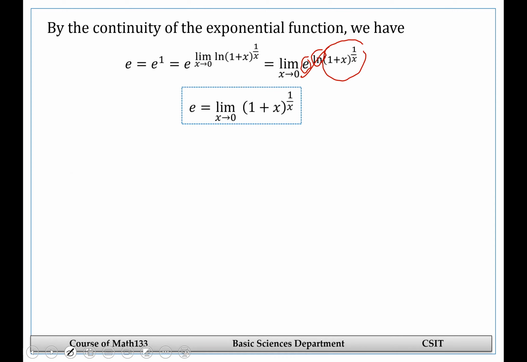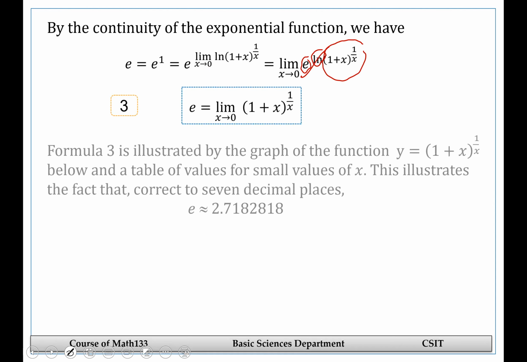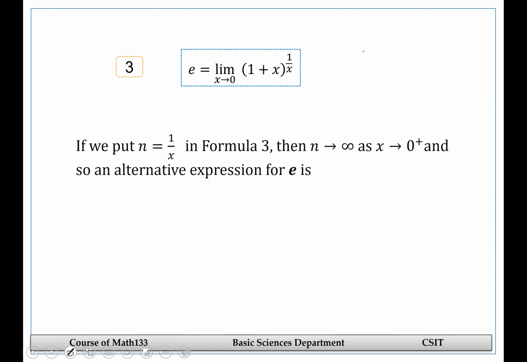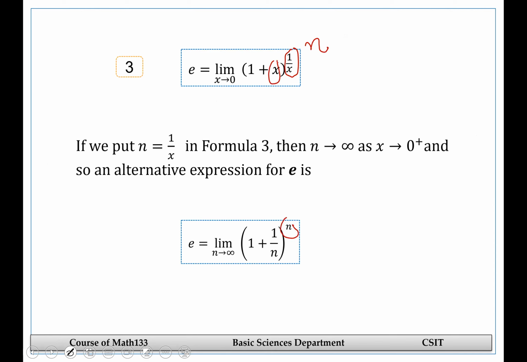e is the number equal to the limit of this expression when x approaches 0, that we can write differently also. We can write it like that, like this way, or in terms of n, if we put n equal to 1 over x, this power we call n, so the power becomes n, and the x becomes 1 over n here.